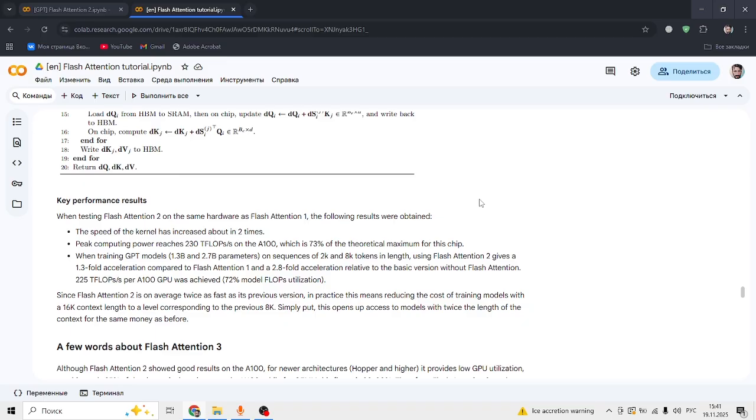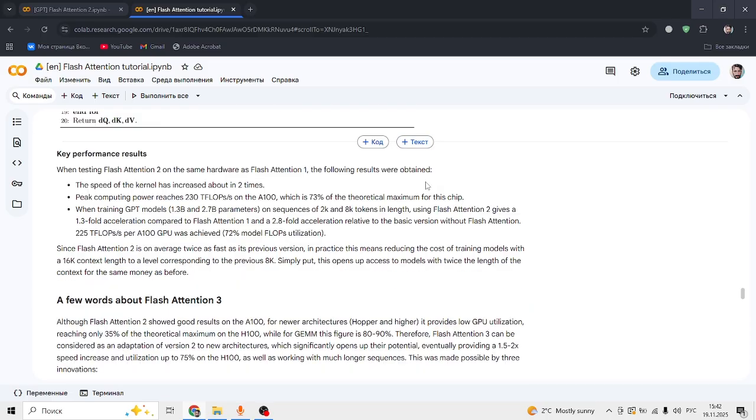What it means is, if we take FlashAttention 1 and process the sequence length of 8K, it will be the same in terms of cost as if we use 16K in FlashAttention 2. So it has become twice as fast.